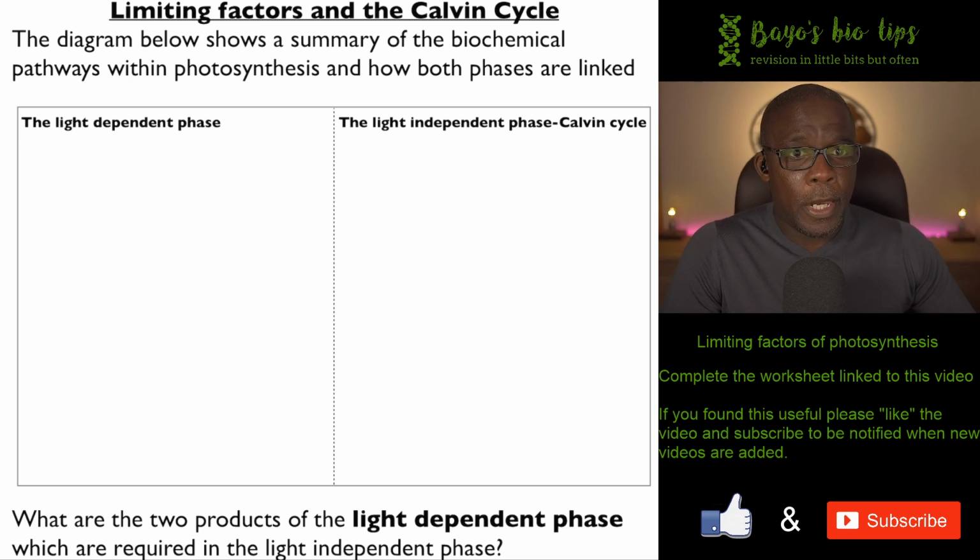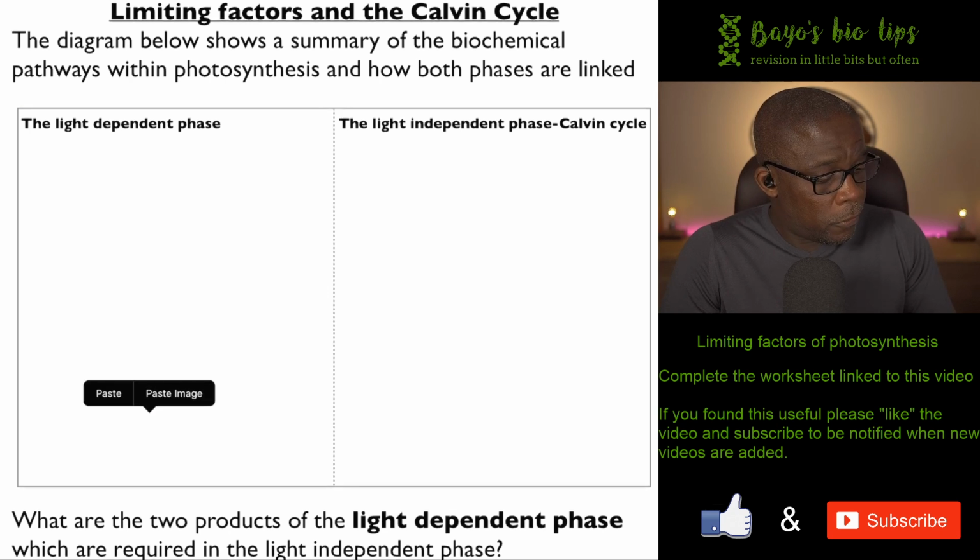So, in the previous lesson on the biochemistry of photosynthesis, we looked at the light-dependent and light-independent phases of photosynthesis. So let's start off with the light-dependent phase. We'll start off with water here, and at the start of the process, we end up with water being broken up into its component parts.